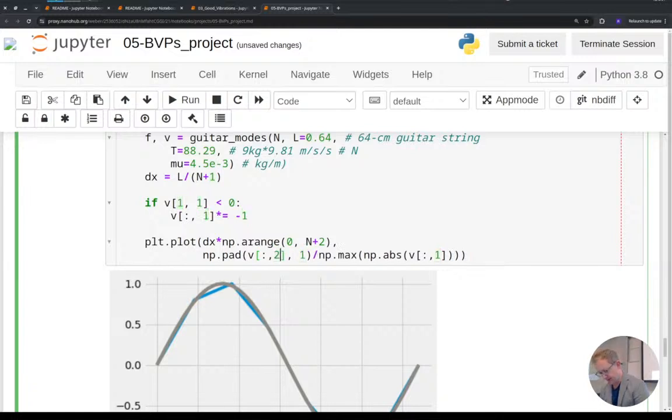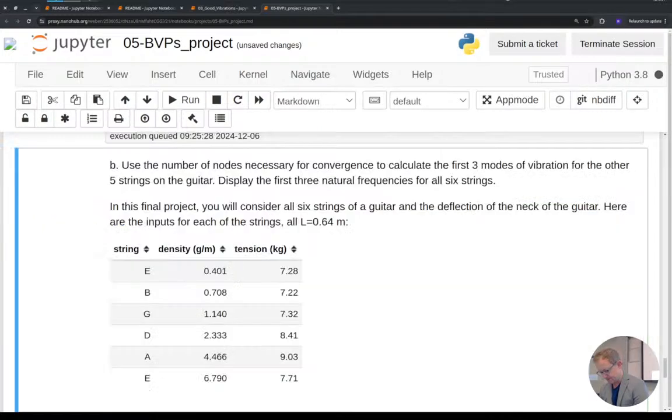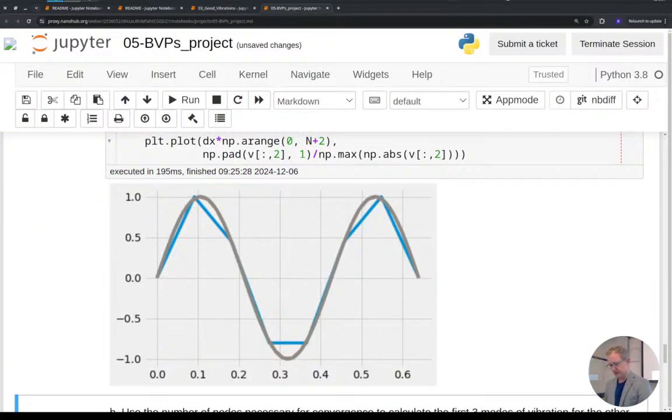But now I want to look at column 2. Look at that. Looking pretty good. It all keeps getting closer and closer to that sine wave that we would expect, or like 1.5 sine waves that we would expect for a vibrating string like that.